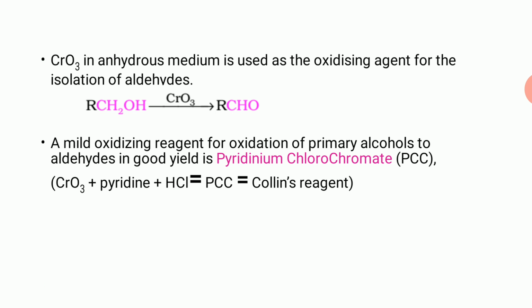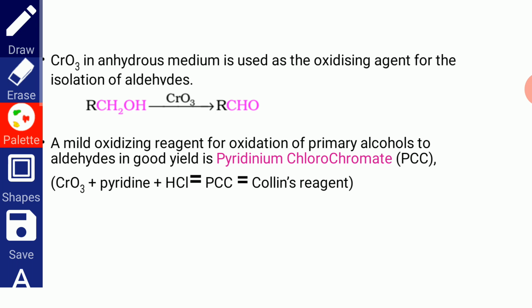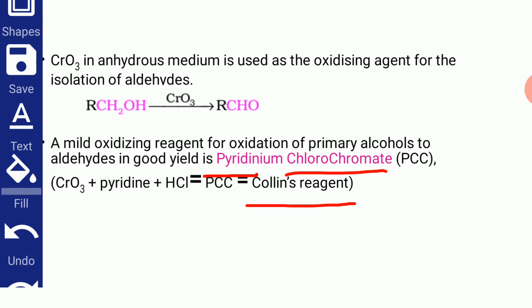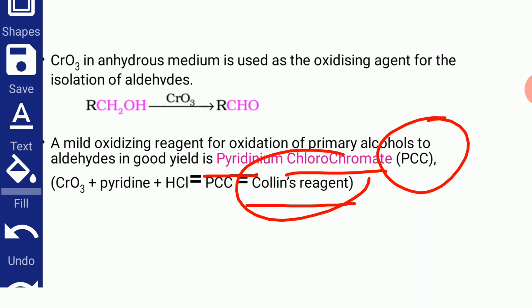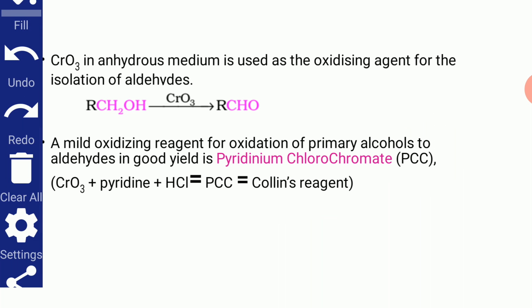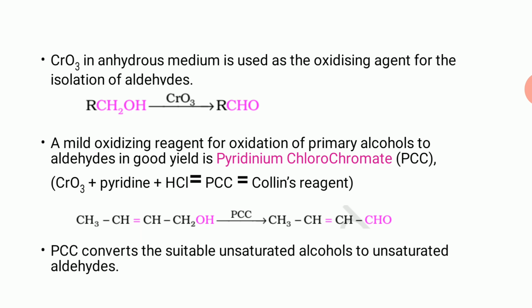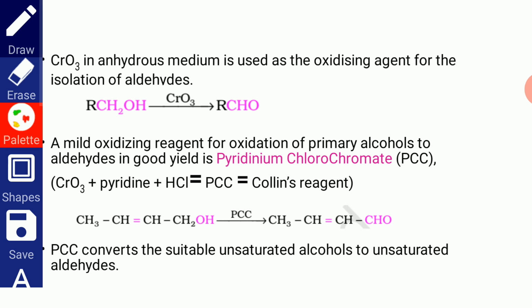Similarly, if we use a mild oxidizing agent like pyridinium chlorochromate (PCC), which is also called the Collins reagent, it is mainly used to obtain unsaturated aldehyde from unsaturated alcohol.